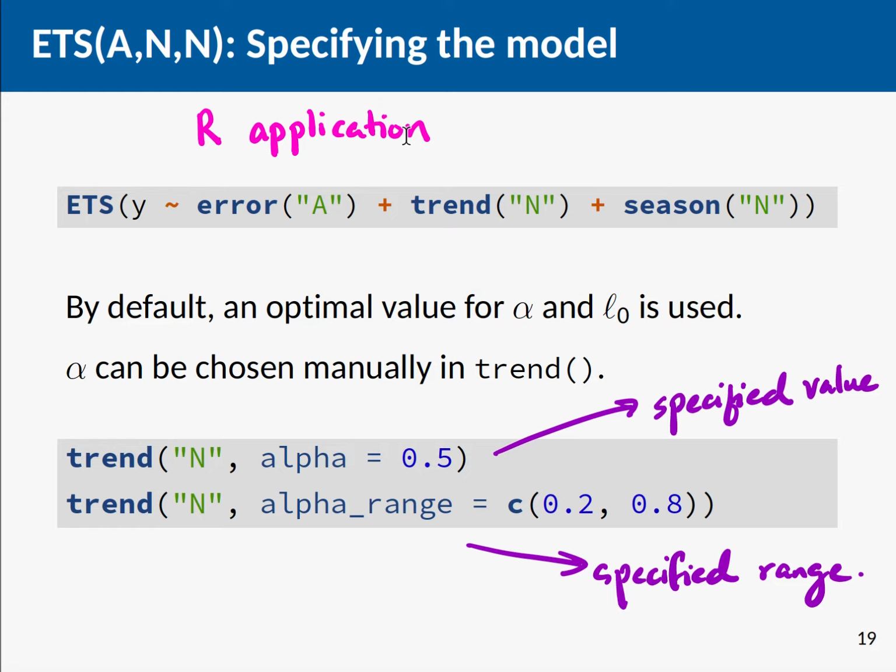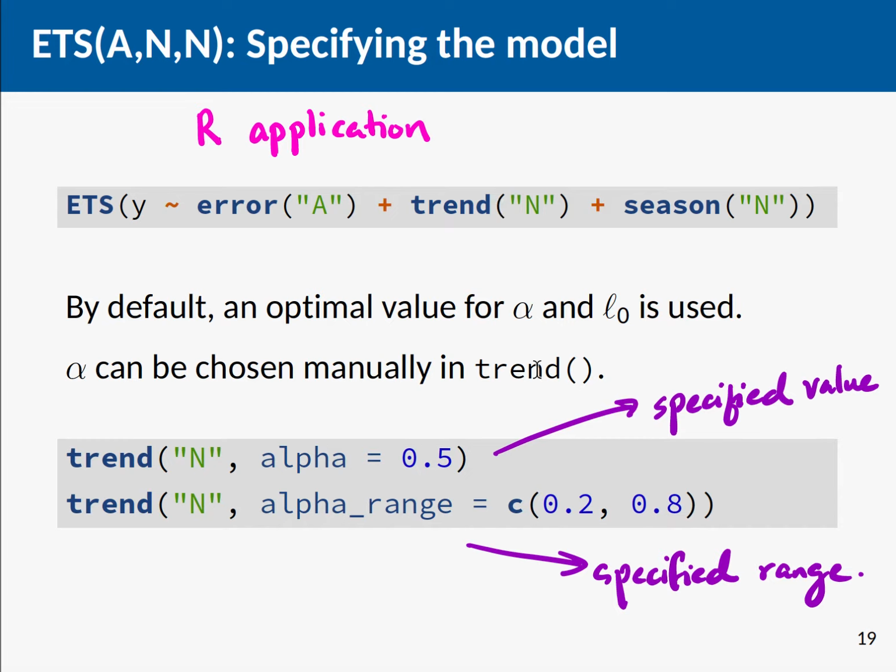If you ever wanted to control manually what the level of alpha is, although I don't foresee that happening because R can automatically produce models optimizing the initial level and the smoothing parameter alpha, even if you needed to change that alpha, you can do so by changing something in the trend function here.